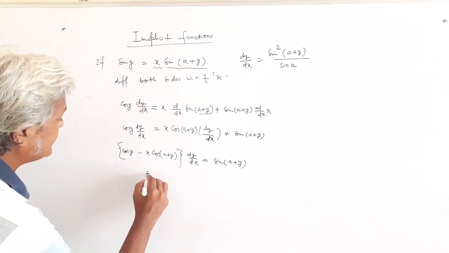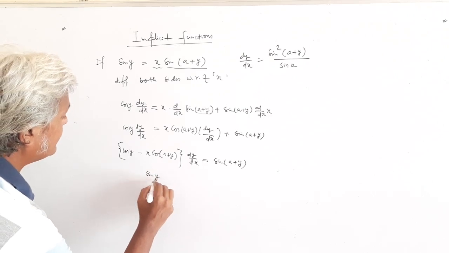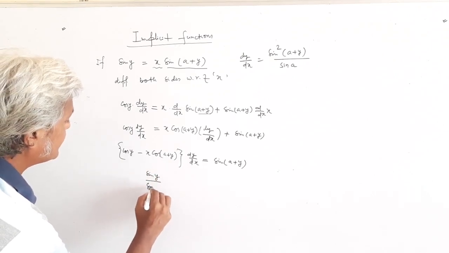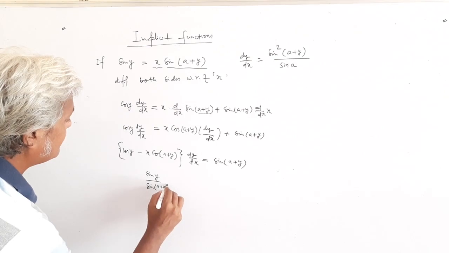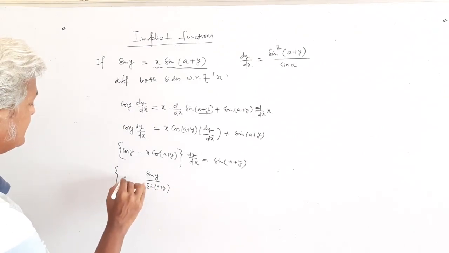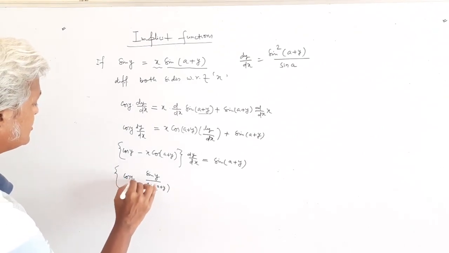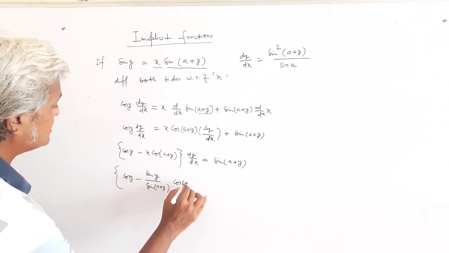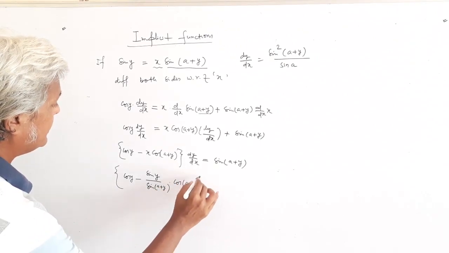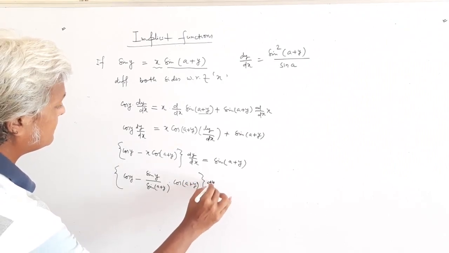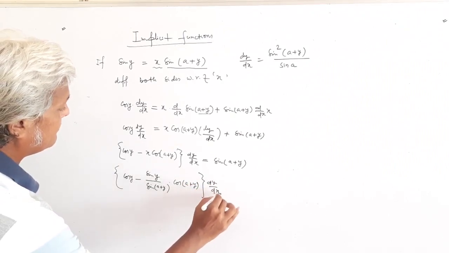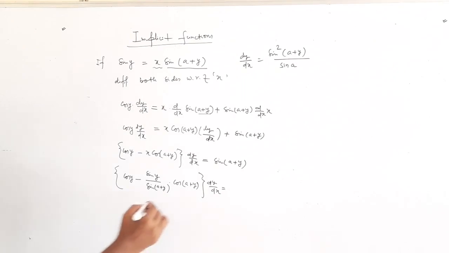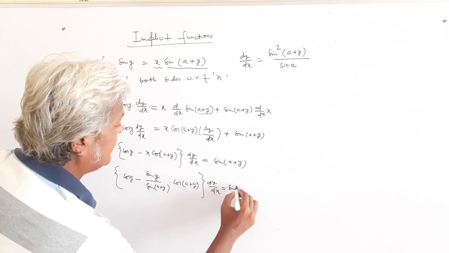So this is cos y minus, and this is cos(a + y) dy/dx, and this is sin(a + y).